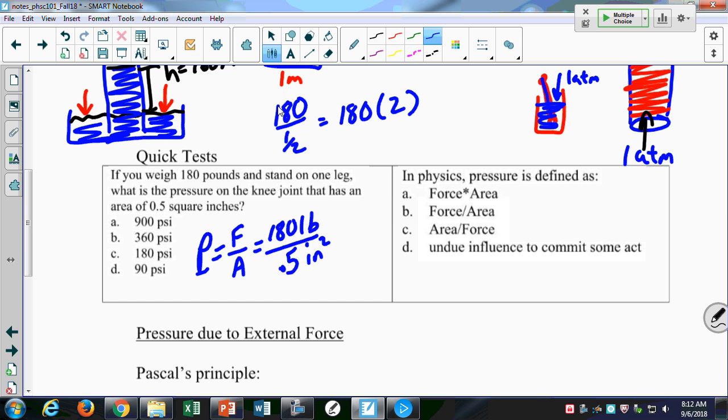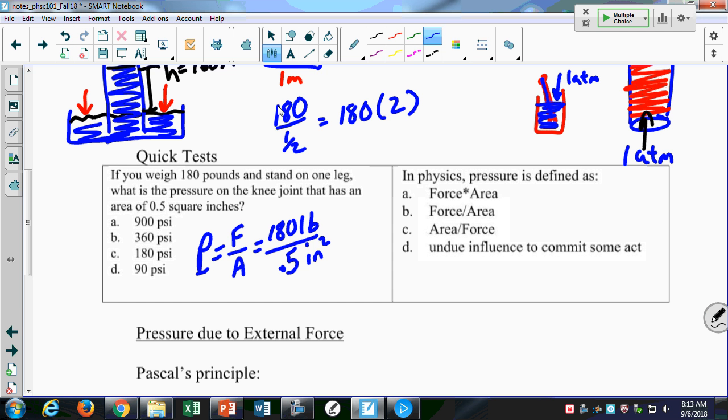What's equal? Like, the pressure, one force is the same as the other one. 180 pounds with the knee would have to be the same as the leg, to balance. Oh, but I'm not looking for the force. I'm looking for the pressure.